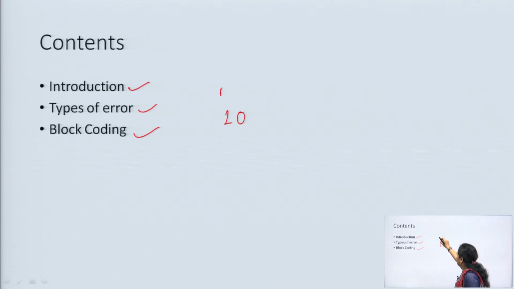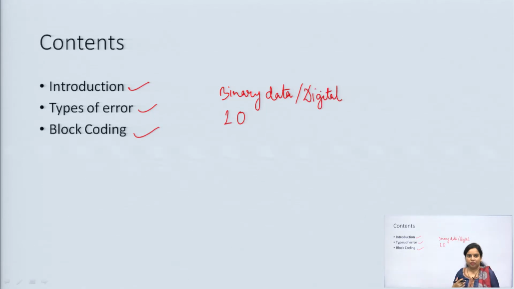This is known as binary data, or you can say it is in digital form, because the information that you want to transmit is in analog form, and to make it more immune to noise you have to use an ADC, that is analog to digital converter. Before the transmission, before the channel, the ADC is used to transmit the information in the form of binary data 1 and 0.